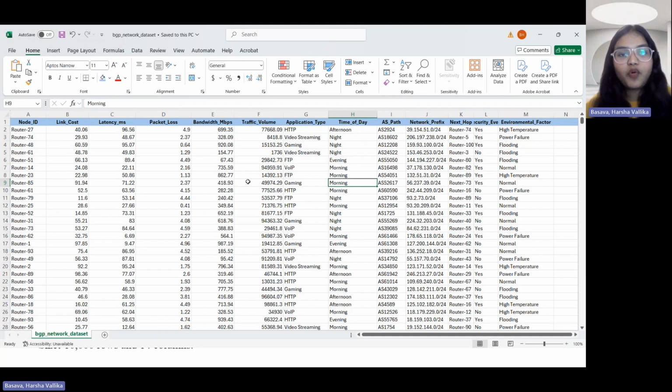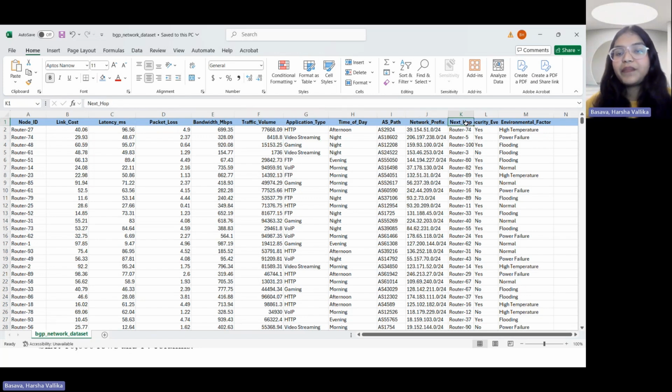And next we have traffic volume. This is the amount of data that was traversed during a certain period of time. You can see application type, what type of request it was. It was HTTP, hypertext transfer protocol, which is for web applications. And then at what time of the day this data packet transfer happened. And this is the AS path. As I've mentioned, it is an autonomous system path number given to each network. The network prefix is which network ID it is traversing to.